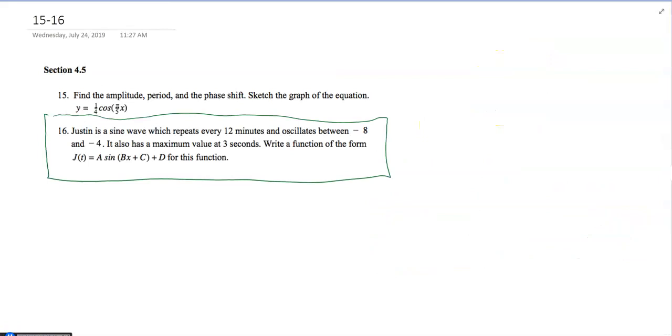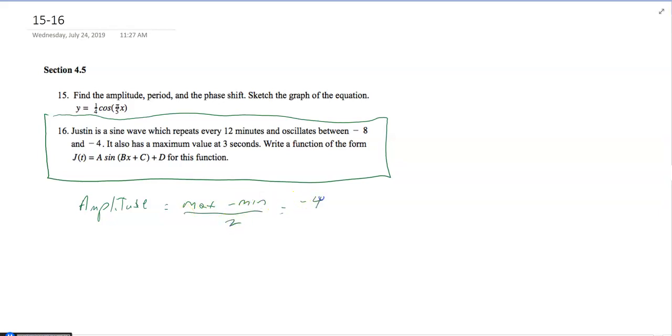Number 16 says Justin is a sine wave which repeats every 12 minutes, oscillates between -8 and -4, and has a maximum at 3 seconds. Write a function of the form g of t equals a sine of bx plus c, plus d for Justin. So what we need to find is the amplitude. We know the amplitude is max minus min over 2.